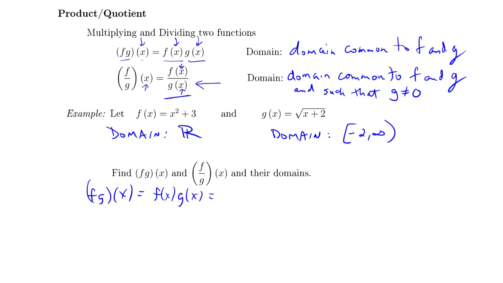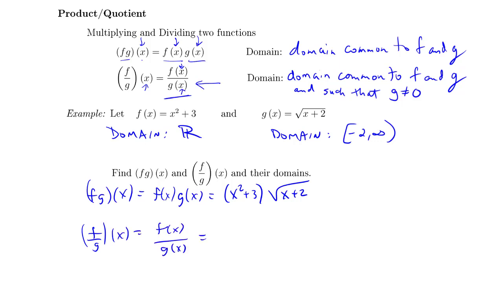So it would just be x squared plus 3 times the square root of x plus 2. And if you wanted the quotient function, it would just be f of x over g of x. So it would be x squared plus 3 over the square root of x plus 2.